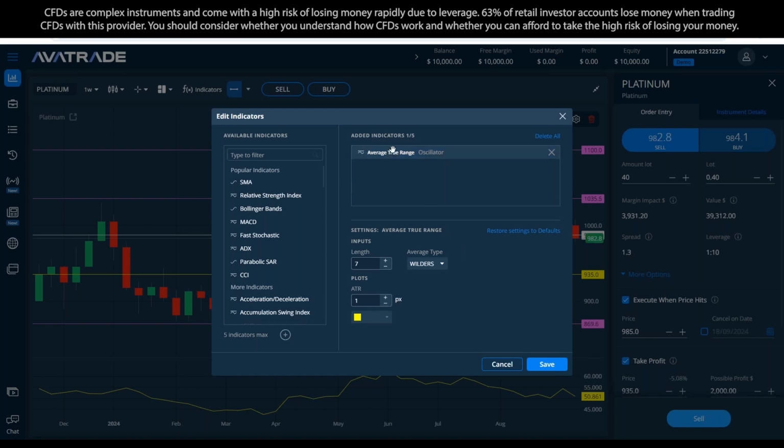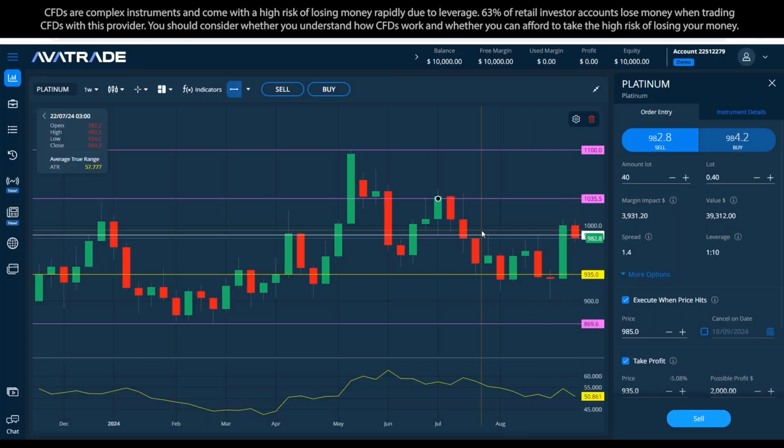With this average true range applied and the length configured to 7, it's basically analyzing 7 previous weeks, giving us an average of how much platinum is likely to move per week.